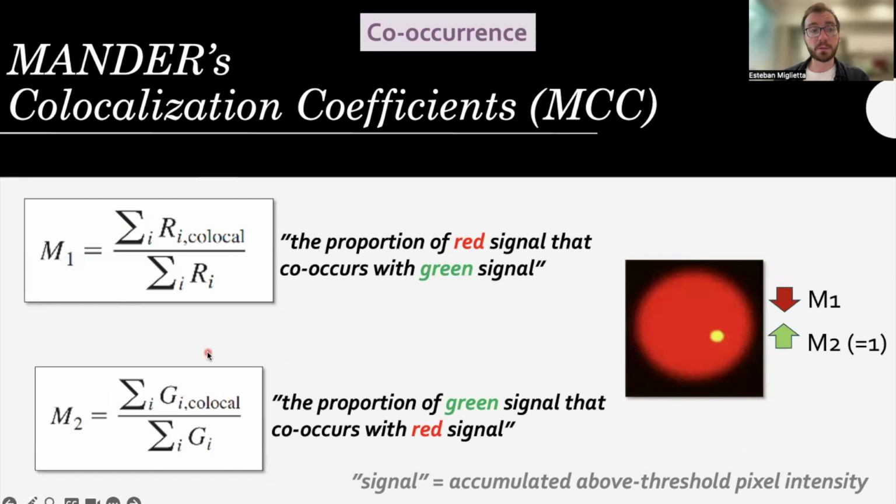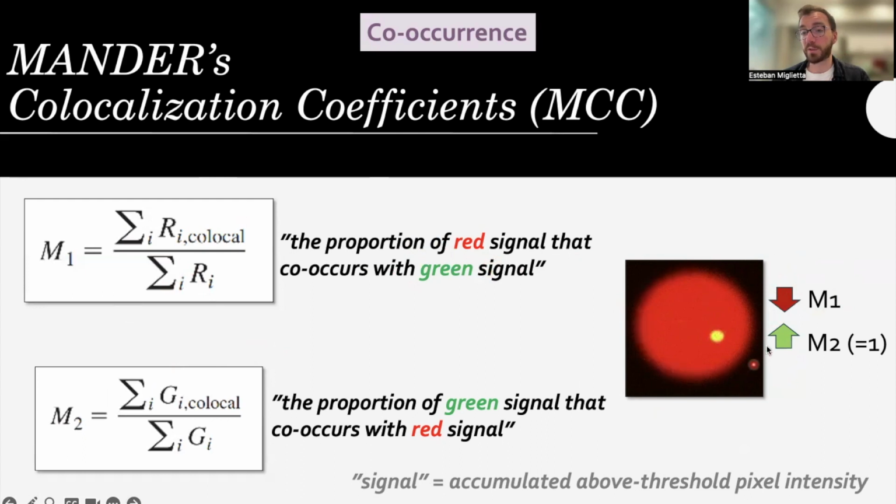So with these two metrics, it is easier to describe what was happening in this example where the MOC kind of failed. Here, we just have to say this object has a low M1 because the proportion of red signal that is co-occurring with green signal is minimum.